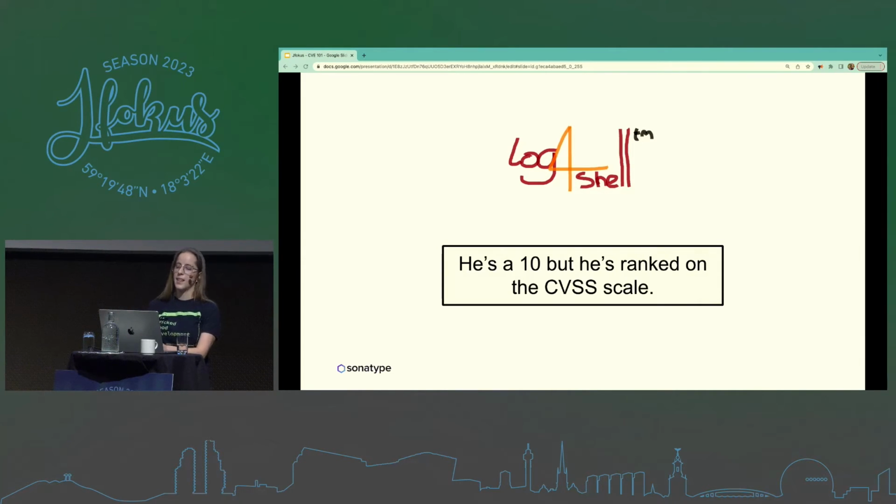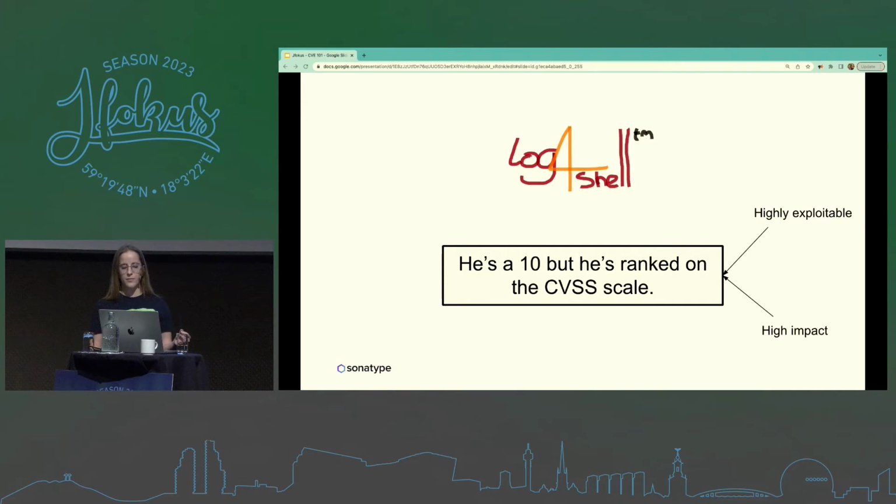It was ranked a level 10 on the CVSS scale, which, as we discussed before, is the very highest one. It's because it's highly exploitable and had a really high impact because of the amount of use that this package has, and also just that by simply using it in its default state with the JVM, it could be exploited.